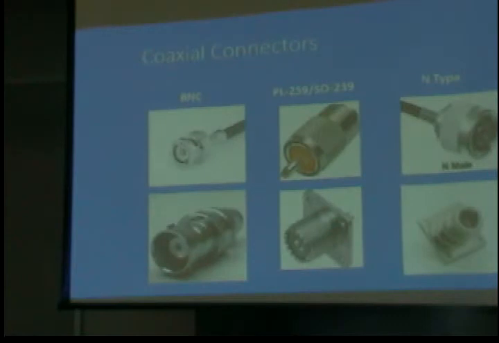Coaxial connectors, real quickly, so that you know what they are. The middle one is the one that you're going to see used the most. It's the one we used for CBs, everything else. It's called a PL259. The jack on the equipment is an SO239. There's a smaller one called a BNC.